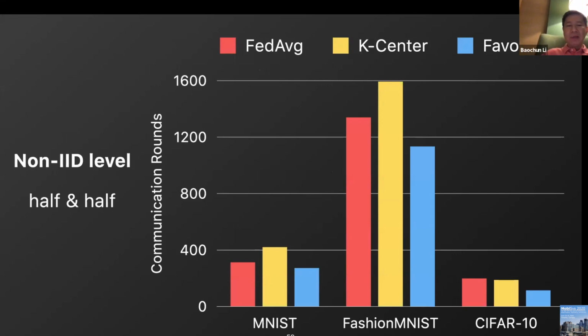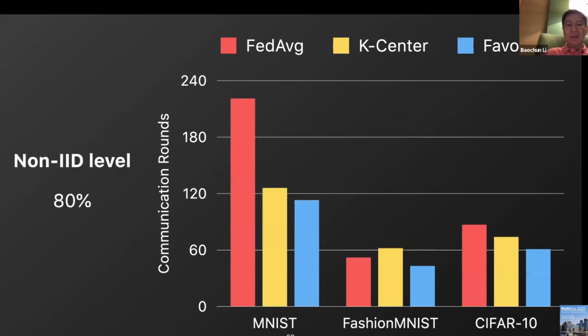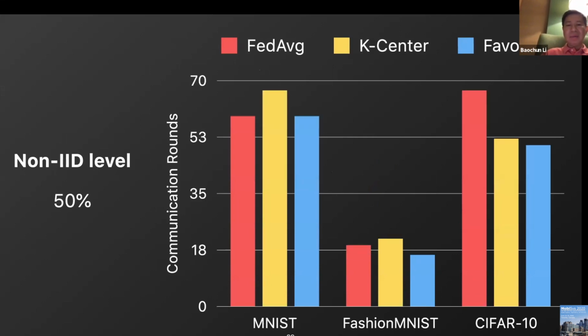For all of these cases, half and half, 80%, 20%, and 50%, 50%, K-center may not beat federated averaging, but Favor is always going to be better than K-center, and it is no worse than federated averaging with random selection. So typically, it is able to improve by quite a bit.